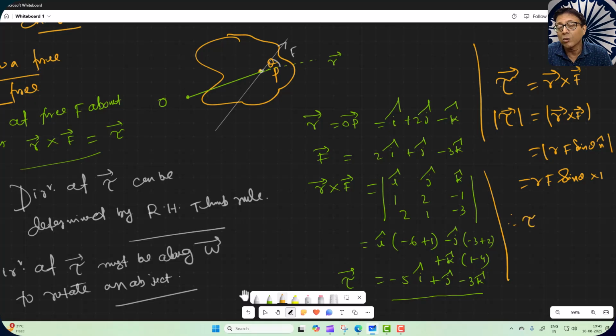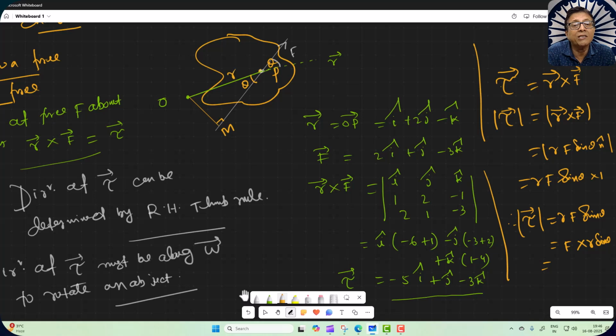So tau equal to mod tau, RF sin theta. Or you can write F into R sin theta. What is R sin theta here? From here if you draw a perpendicular, OM the perpendicular, this angle is also theta, this part is R, then this part is going to be R sin theta.